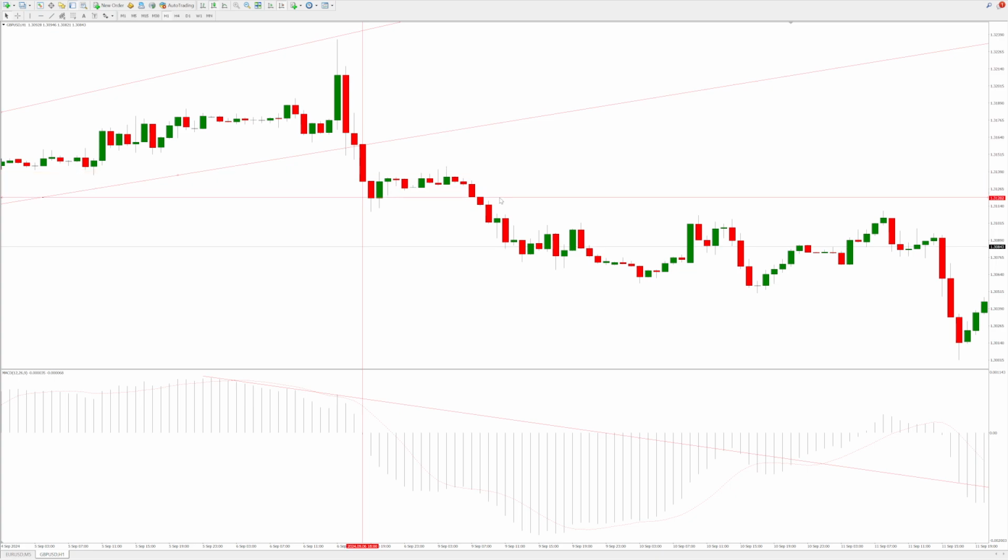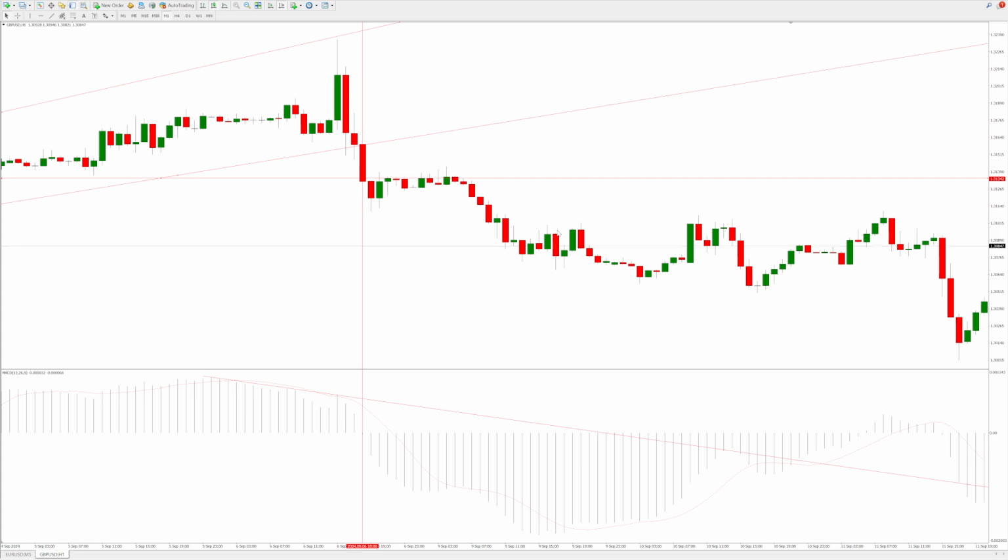Even on the breakout of this level of support, you still would have had plenty of room left for 100 plus pips, and you could have used this area above here for your stop loss. It would have been 20 pips had you entered on that breakout, or if you entered on the pullback, you would have got away with probably a 10 pip stop loss.